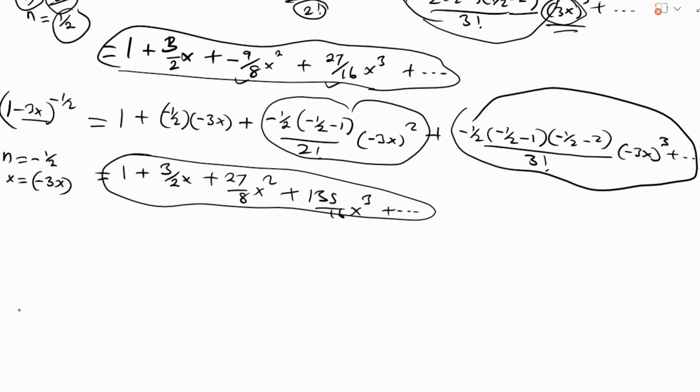And we multiply also by the expansion of (1 minus 3x) power negative a half, which is 1 plus 3 over 2 x plus 27 over 8 x squared plus 135 over 16 x power 3, and so on.